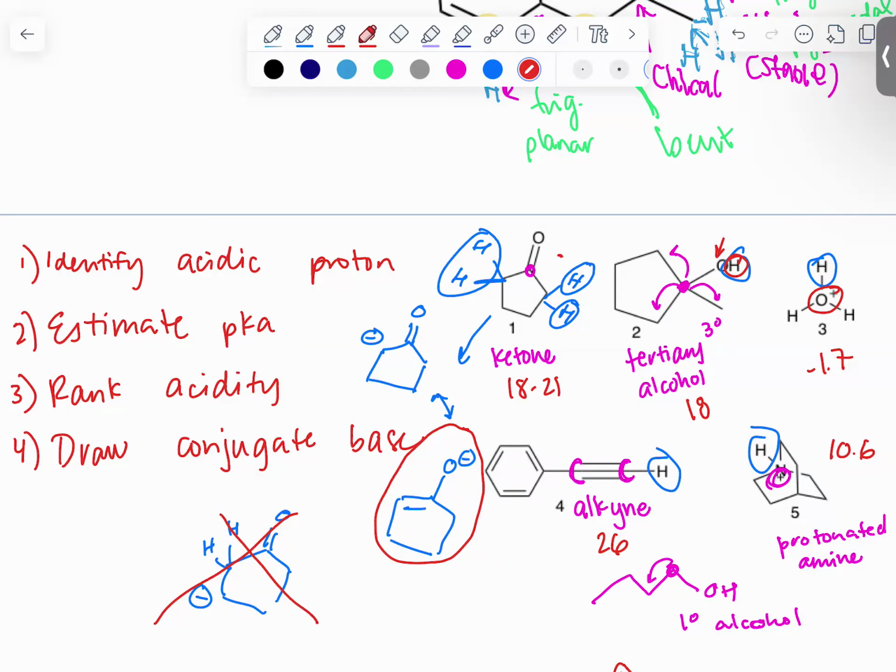So with this one, our heteroatom, well, so acidic proton, it has to be a proton. You need to find a hydrogen. And there's no hydrogen directly attached. You go to the closest neighbor, there's also no hydrogen there.